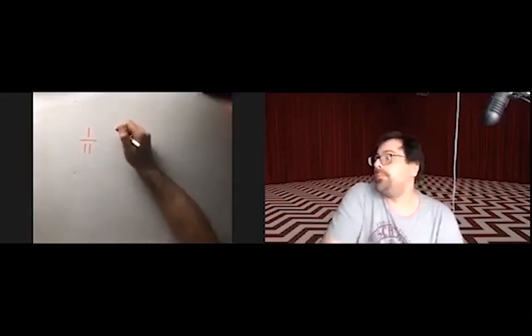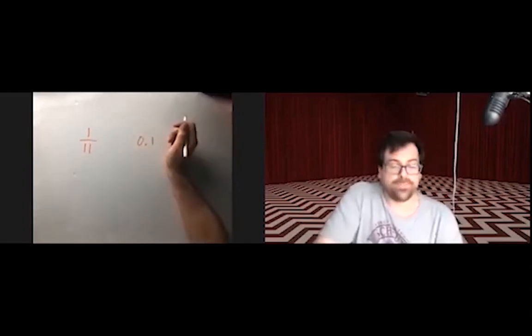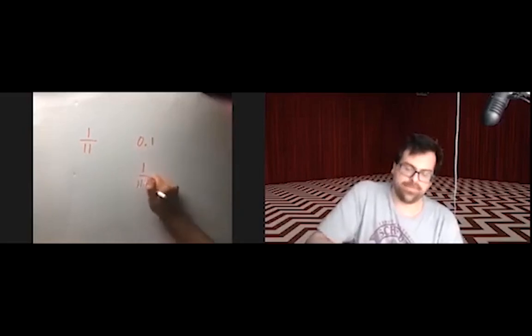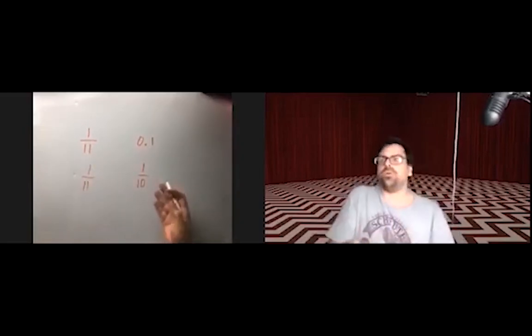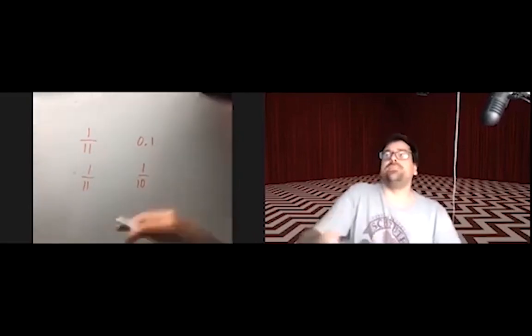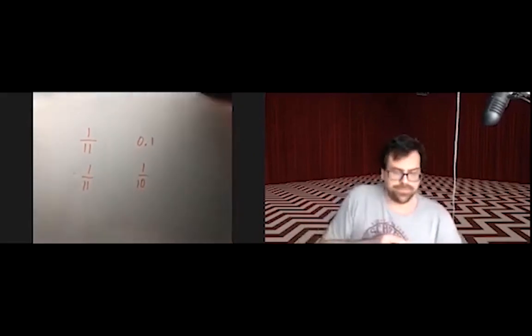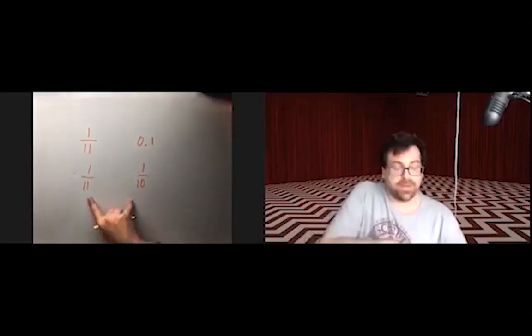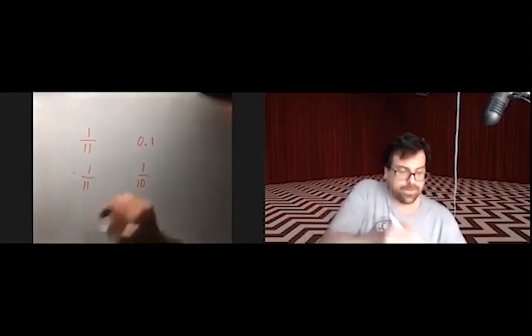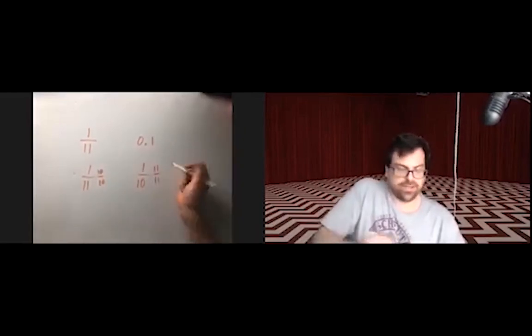1/11 and 0.1. Now, this one's 1/10. Remember, in order to compare, they have to both be fractions or both be decimals. Here, they are both fractions, but since they don't have the same number on the bottom, we would have to go times 10 over 10 here, times 11 over 11 here.